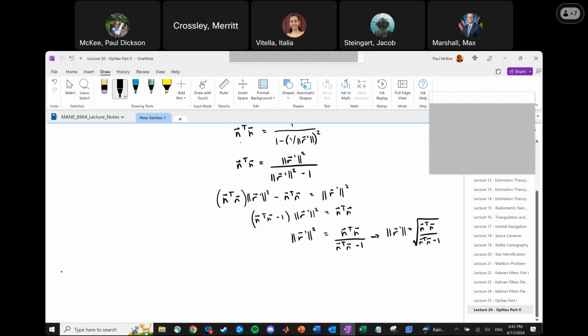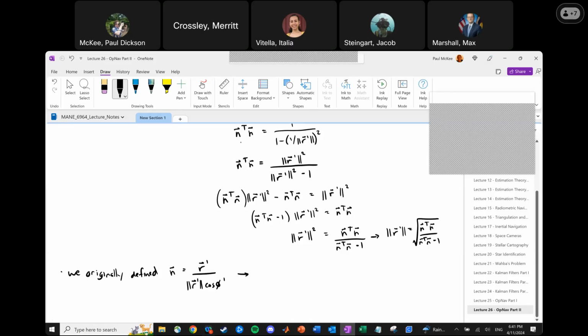So we originally defined n as being what? Well, it's the vector r prime divided by the norm of r prime cosine of phi prime. Now, first of all, what we can tell from this is that this is just a scaling. Dividing by the cosine of phi prime is some scaling.